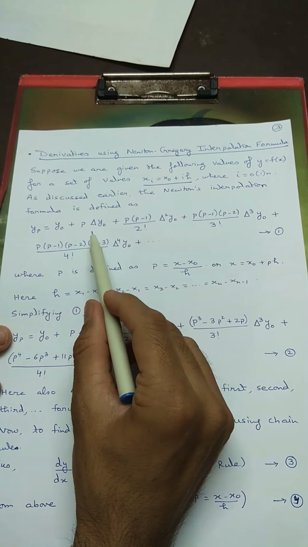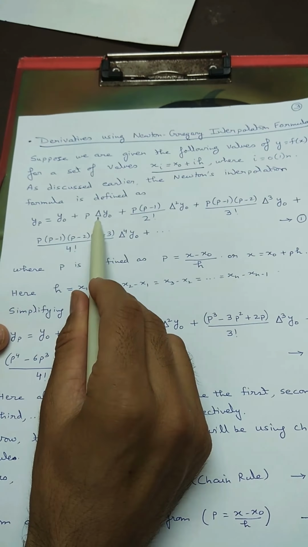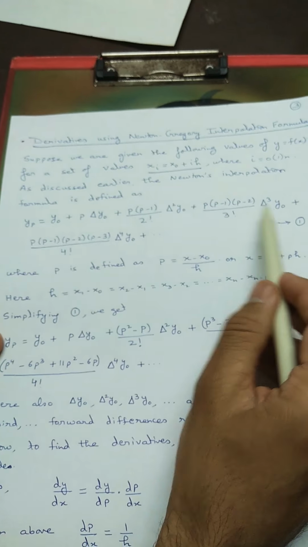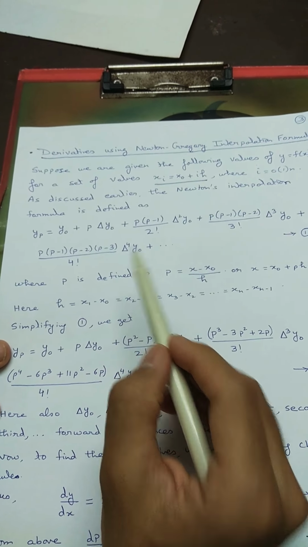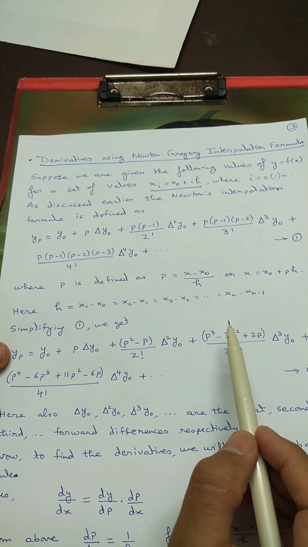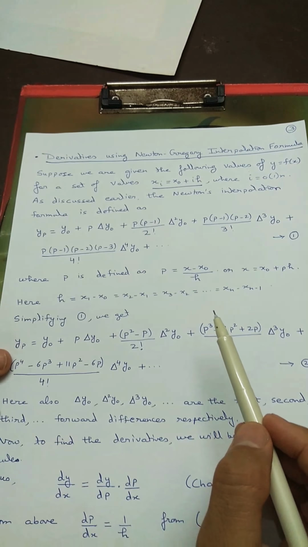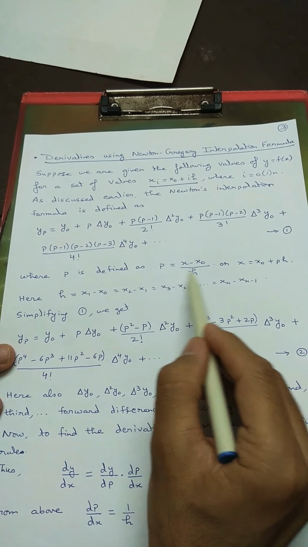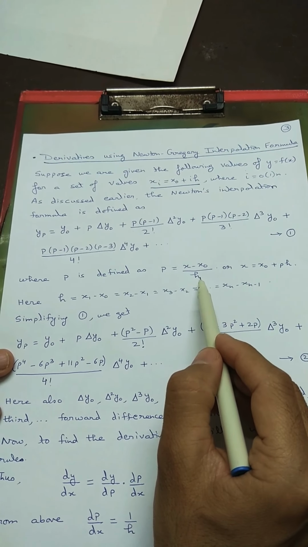As we all know, delta, delta square, delta cube, delta 4 are the first, second, third and fourth order forward differences, whereas p is defined as (x minus x naught) by h.